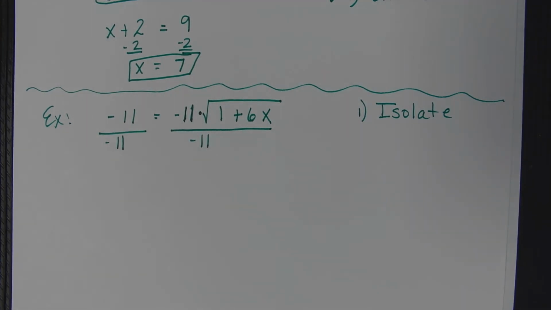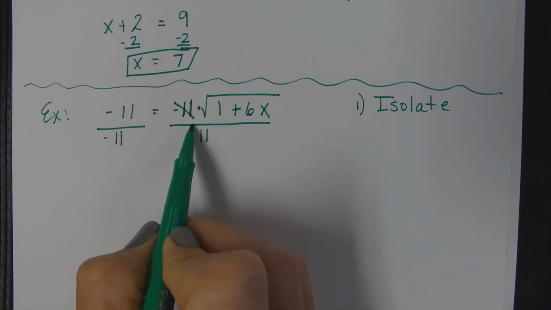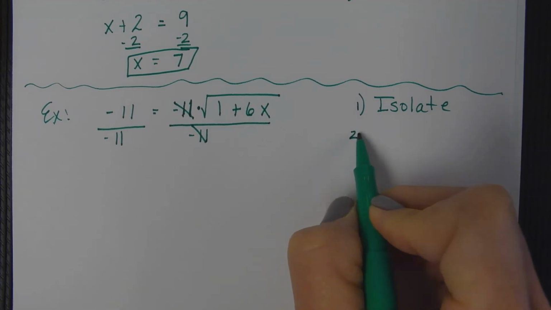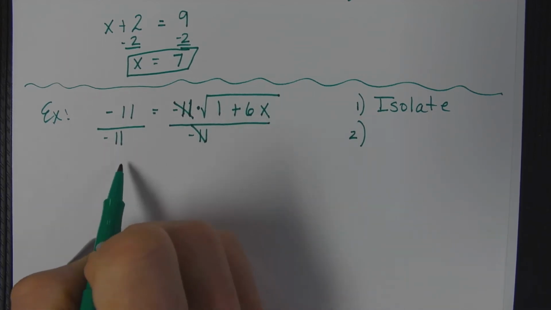Opposite of multiplication is what? Division. What you do on one side, you do on the other. Why am I dividing by negative 11? I need the numbers to cancel. Now look on your left side of the equal sign. Negative 11 divided by negative 11 is what? Positive 1.